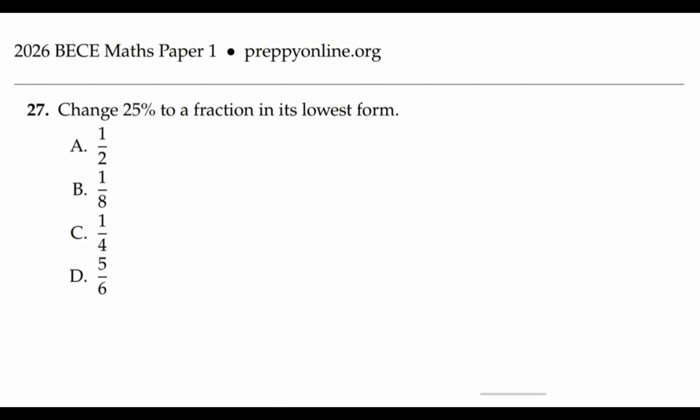Question 27. Change 25% to a fraction in its lowest form. So we have to first write 25% as a fraction. 25% is equal to 25 over 100. Now, after writing it in this form, we want to write it in its lowest form. So we try to see, can we divide 25 by something and divide 100 by the same thing?